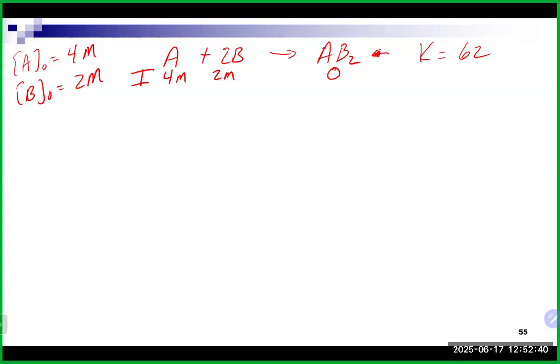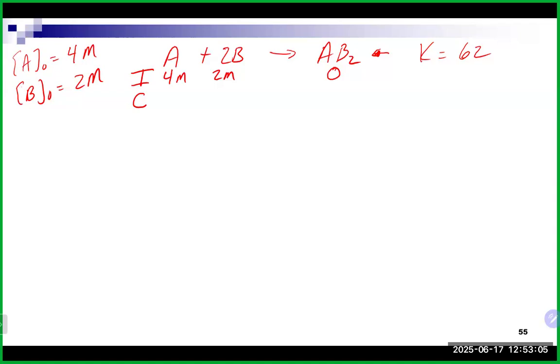Now we get to the change part, which is what's happening in this reaction. In this particular situation, should this reaction head in the forward direction or the reverse direction? It has to head in the forward direction, because we have no product, so nobody could come back the other way yet.